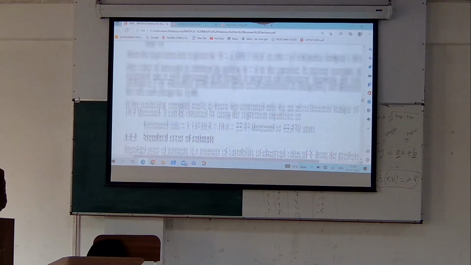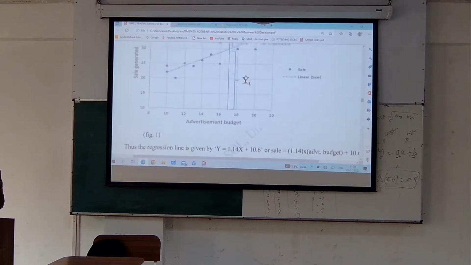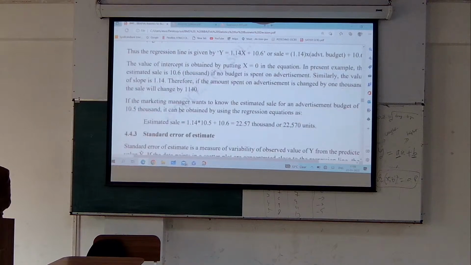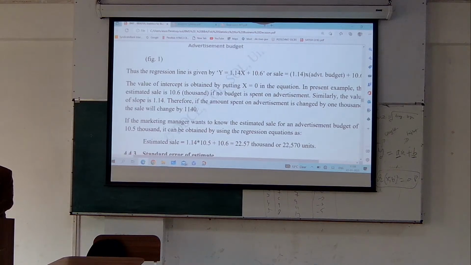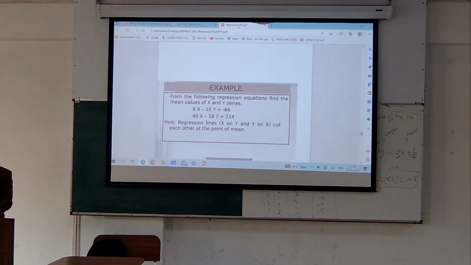So after this, before going to standard error, I want to show you some examples. For example, there are two lines of regression. Now you can see, as I already told you, you always have two lines of regression.